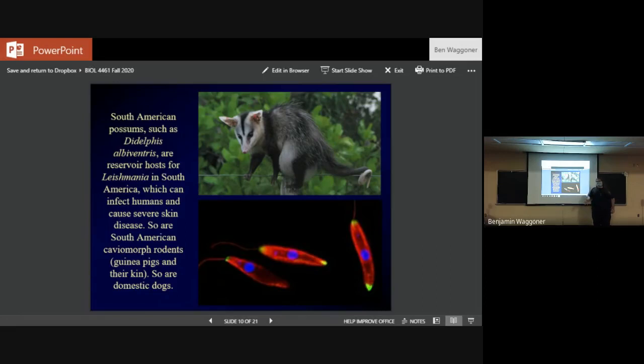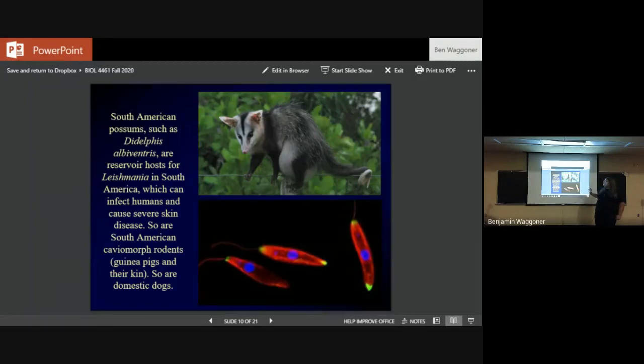In the Middle East and Central Asia, it causes a disease called Kala-Azar, which can wreck your spleen, among other things. It's transmitted, by the way, by the bite of infected flies. If you get bitten by a sandfly, you might get this. There's another species of it in South America that can cause very severe skin damage, huge weeping ulcers and things like that. And it's transmitted to humans by the bite of blood-sucking flies again.